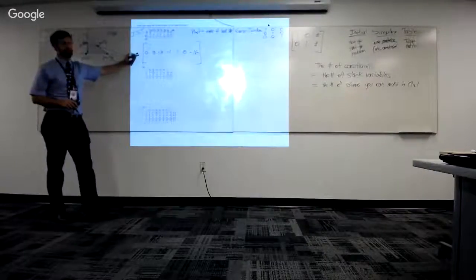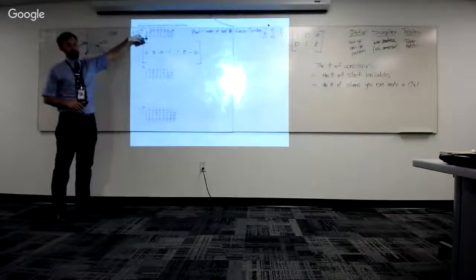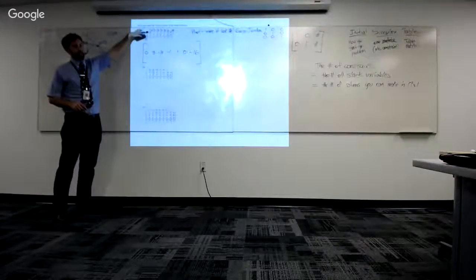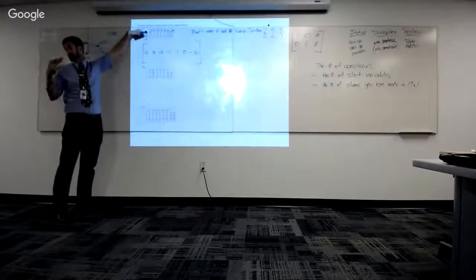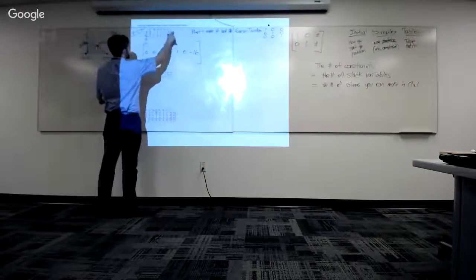Okay, now what do we need to do? We want to cancel out that -1 to make it a 0. So what do we need this top number to be in order to add it into -1 and cancel it? Then we need to turn that into a 1. And we need to turn that into a 1 anyway because it's going to be the top 1. So now I'm going to divide all those terms by 2.